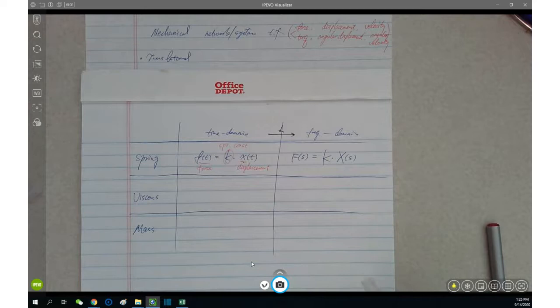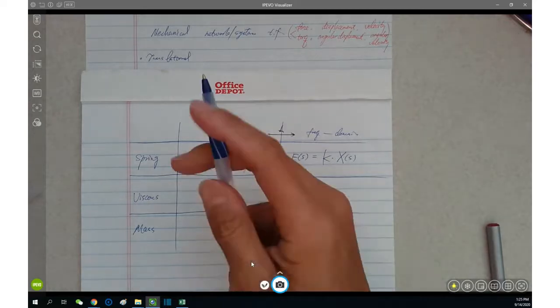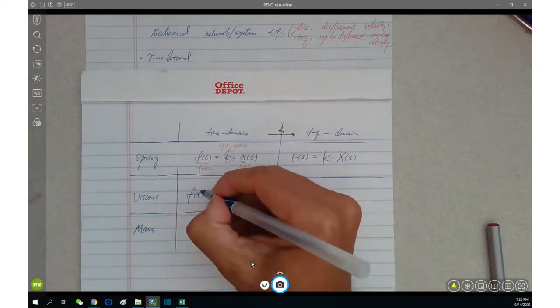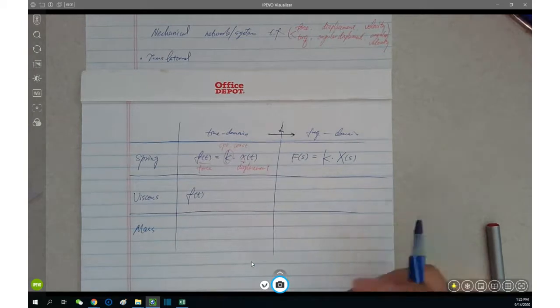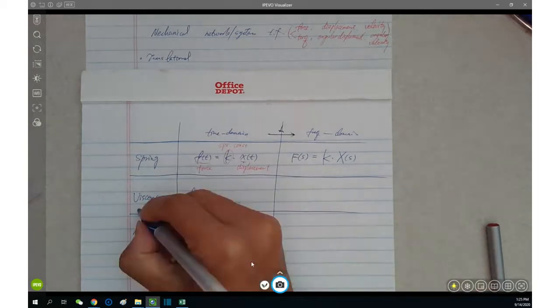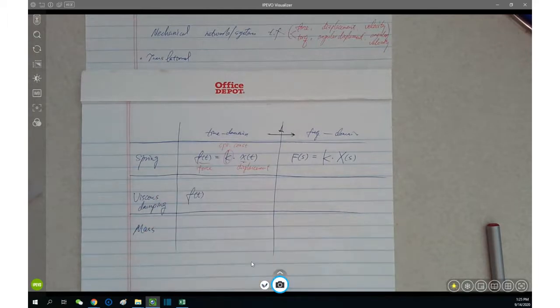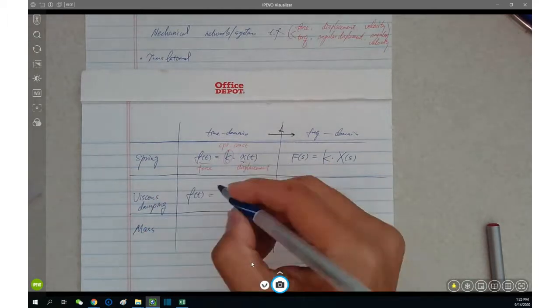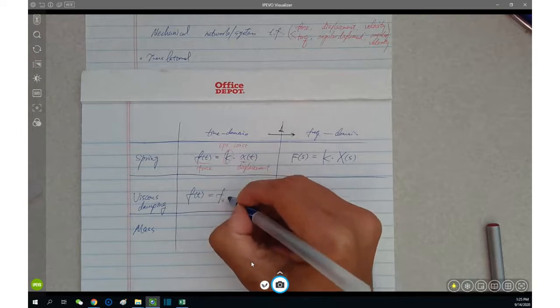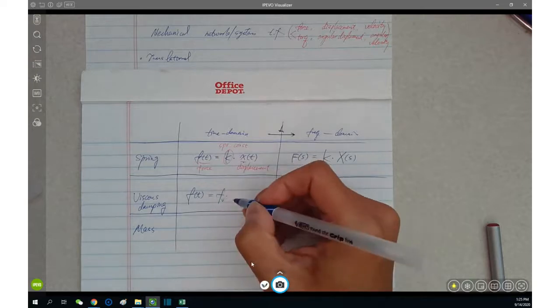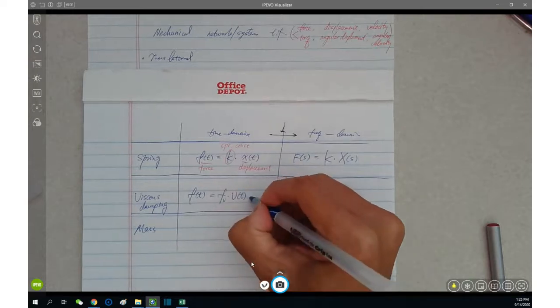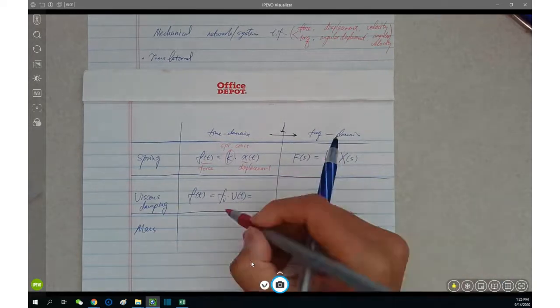Next, viscous damping. The force applied on the viscous damping first of all introduces velocity.